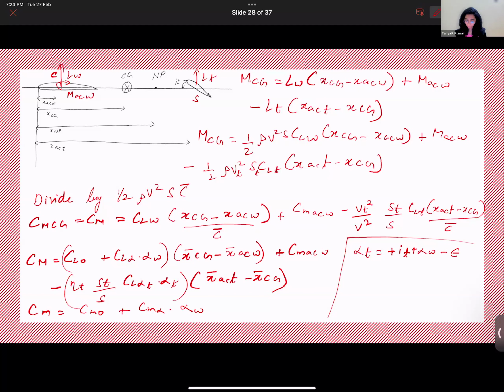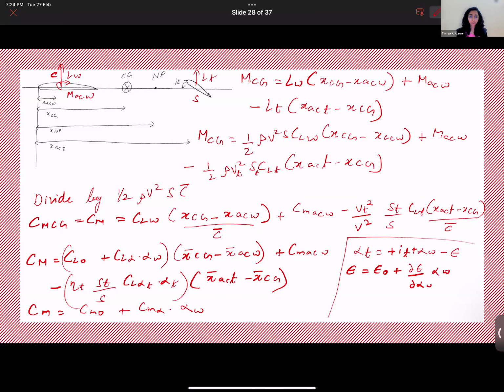Now what is this downwash? How do you expand that? Again, you have a term that is independent of the angle of attack of the wing and one that's dependent on it. So you just do a simple linear expansion: epsilon naught plus dou epsilon by dou alpha wing into alpha wing.